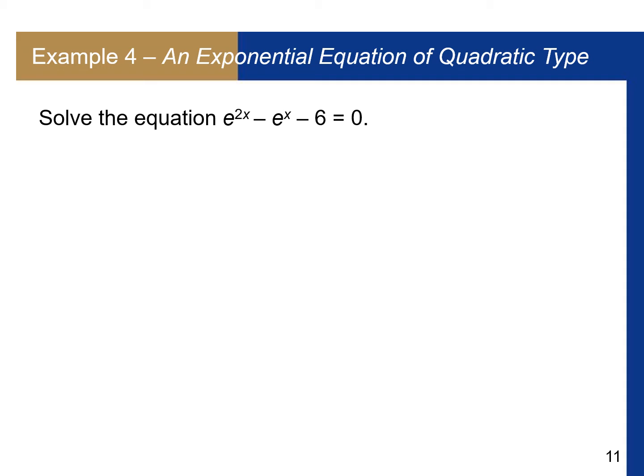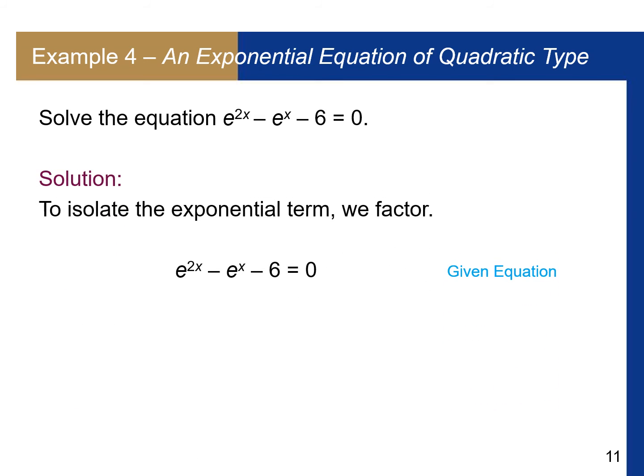Let's take a look at solving the equation e to the 2x minus e to the x minus 6 equals 0. Now, I want you to look at the top. Remember, these are exponents. So we have 2x, x, and no x. Let's take a look at how to solve that. We're going to isolate the exponential terms and factor.